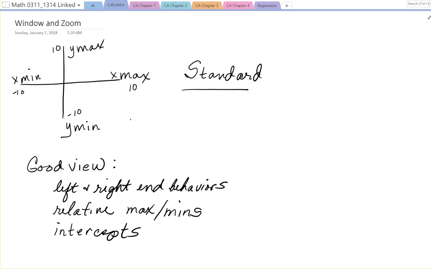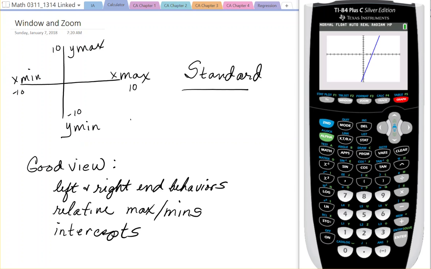Let's go back, and I'm going to go into the y equals again, and I'm going to clear this out. I'm going to clear this one out, and I'm going to type a new one in. I'm going to type in variable x to the third power. Now, to get out of that exponent, I need to use the right arrow key to get out of it, kind of like in my math lab.